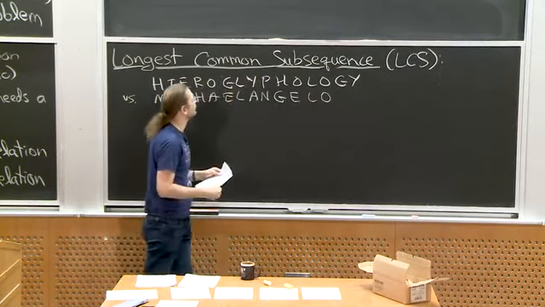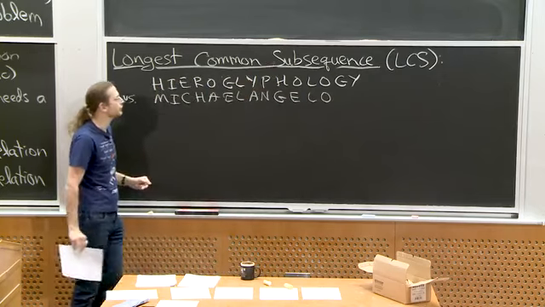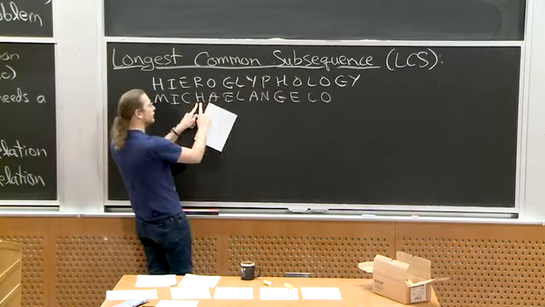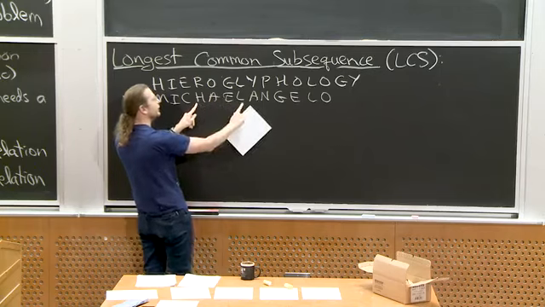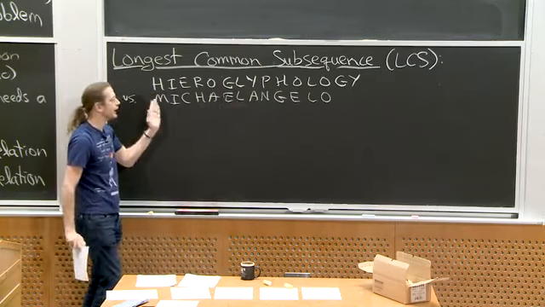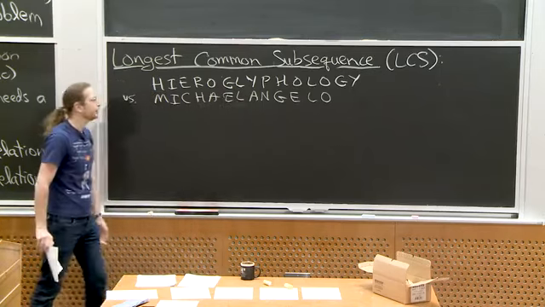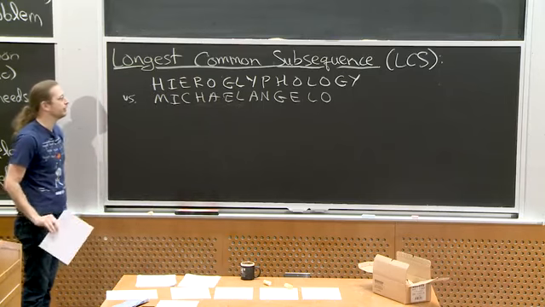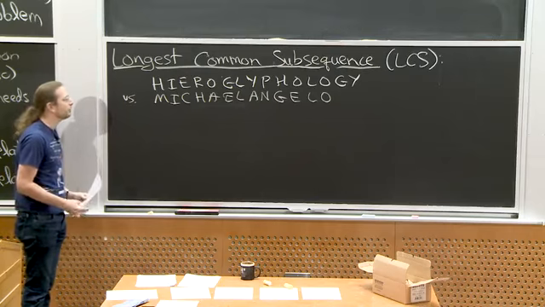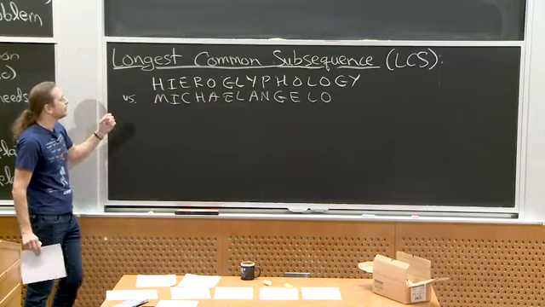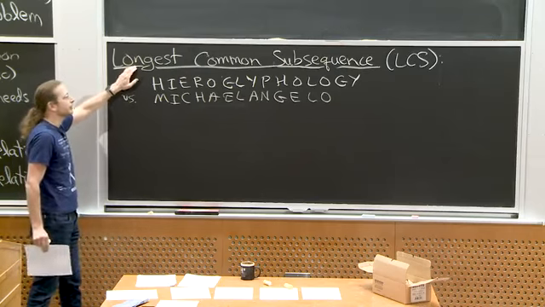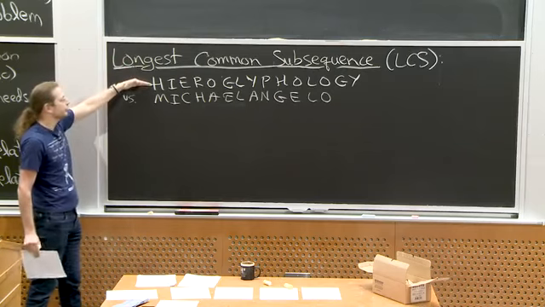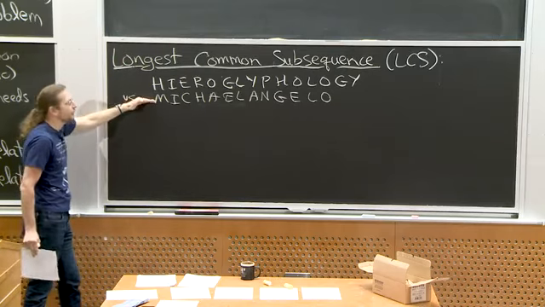And what I'd like is a subsequence. So remember, substring has to be some continuous range, some interval. Subsequence, you can take any subset of the letters in your sequence, or any subset of the items in your sequence. So you can have blanks in between. You can skip over items. And so what we want is the longest sequence that is a subsequence of both the first sequence and the second sequence.